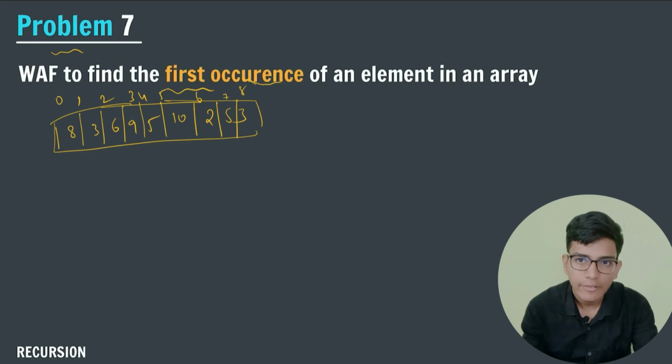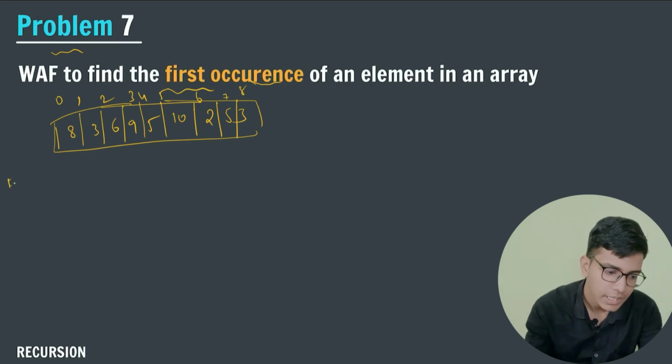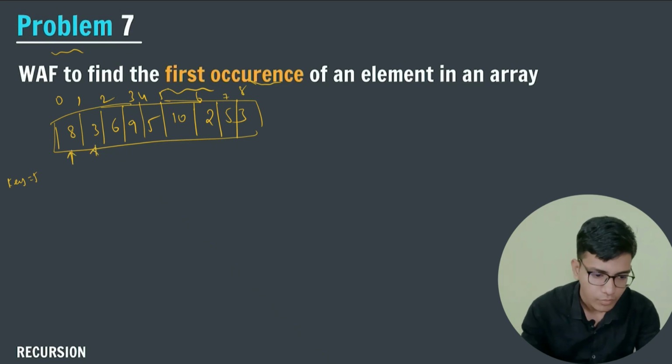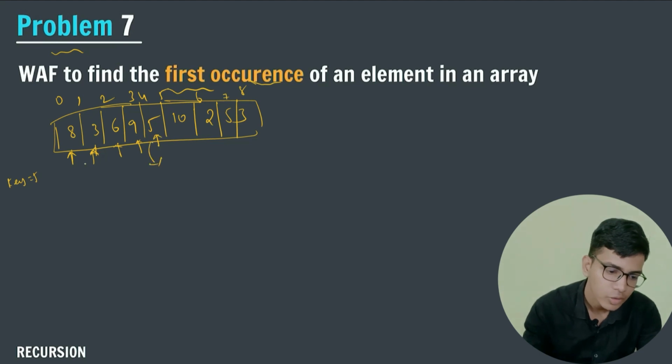Suppose the user has given me a key value, that is key is equal to 5. At each point I will check whether the given element is our key or not. If it is the key, then I will return my index. So here you can see that this is my first occurrence.